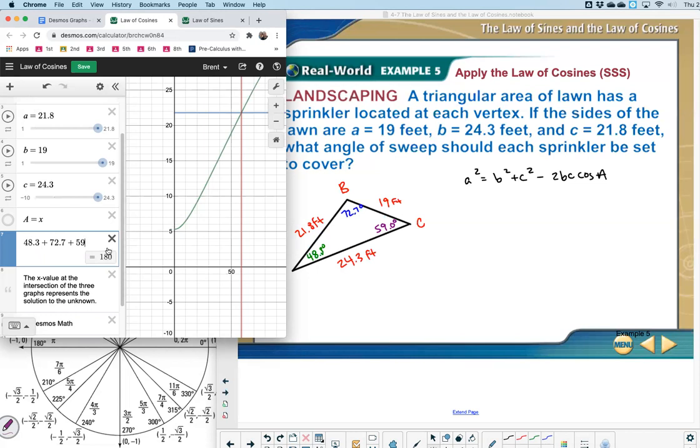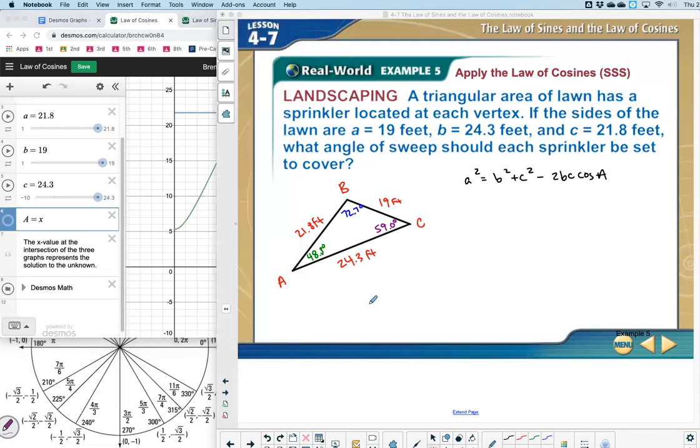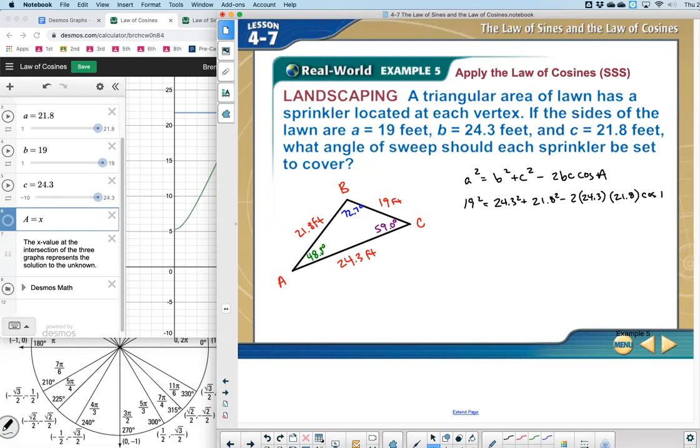See how that worked? Now, if you want to know the algebra, how would it work? I'm only going to do it one time, just the A portion. We know a was 19, so you'd have 19 squared equals b squared, which is 24.3 squared, plus c, which is 21.8 squared, minus 2 times b, 24.3, times c, 21.8, times the cosine of capital A. You can see this is going to be a lot of work.